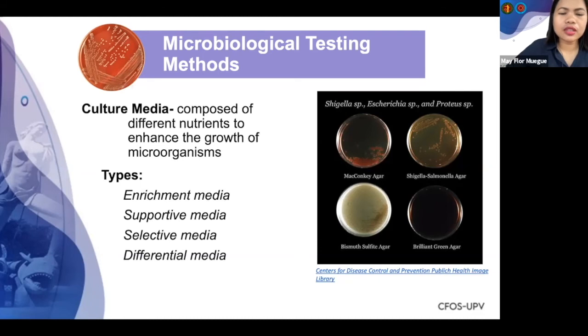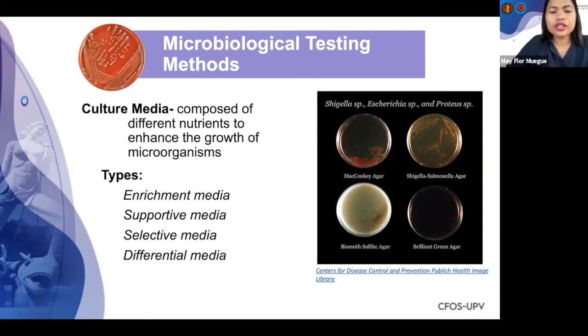And then for selective media, as the name implies, no, you only allow the growth of selective microorganisms. All right. So sometimes if you don't want this particular bacteria to grow in your media, you add an antibiotic for that microorganism para pag may antibiotic na ganun doon sa media mo, yung microorganism na sensitive for that antibiotic will not grow, of course. So that's an example of a selective media.